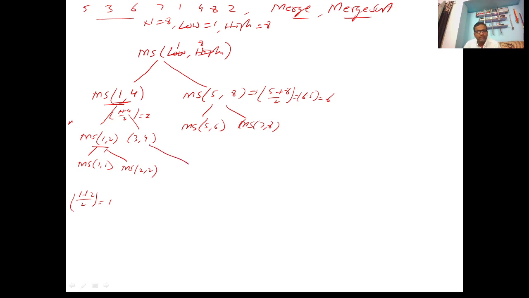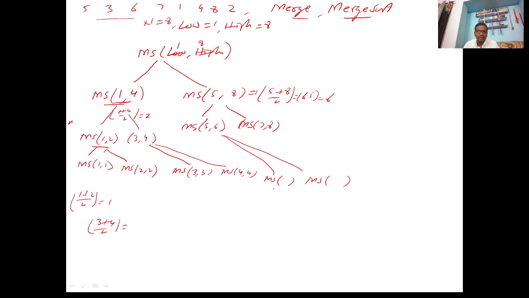Fine. In the same way, here 3 and 4, (3 plus 4) upon 2, its floor value is going to be equal to 3. So two calls will be there. One will be with arguments 3 and 3. The other one will be merge sort with 4 and 4. In the same way, these calls will be further resolved into two merge sort calls.